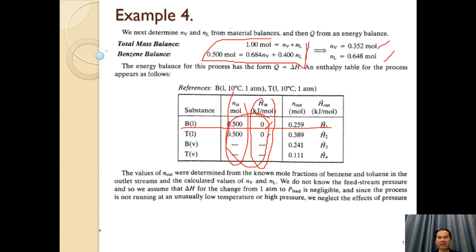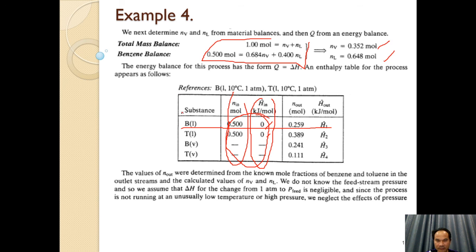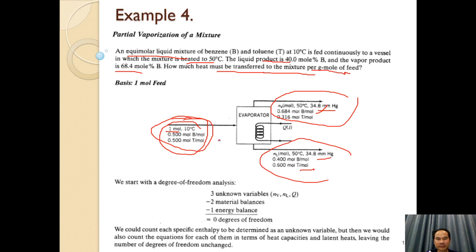For the example, we have two steps, also for this case S1. S1 is liquid, from 10 to 50, but we change pressure from 1 atm to 34.8 millimeter mercury also.